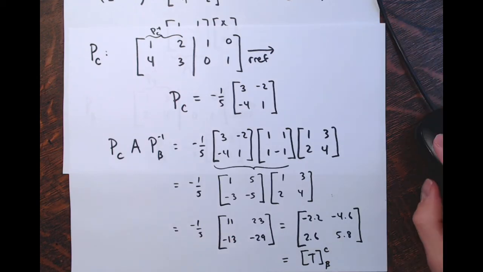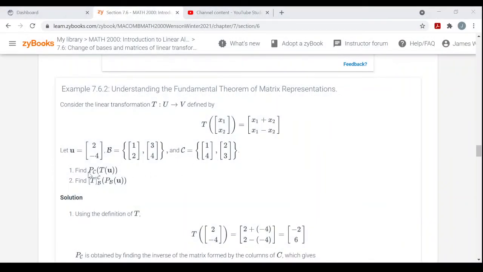What are they asking us to do here? They're asking us to, one, find PC times T of u, where u is the vector negative 2, negative 4, and then find the matrix representation times PB times u, and what you're going to see is that these are the same.